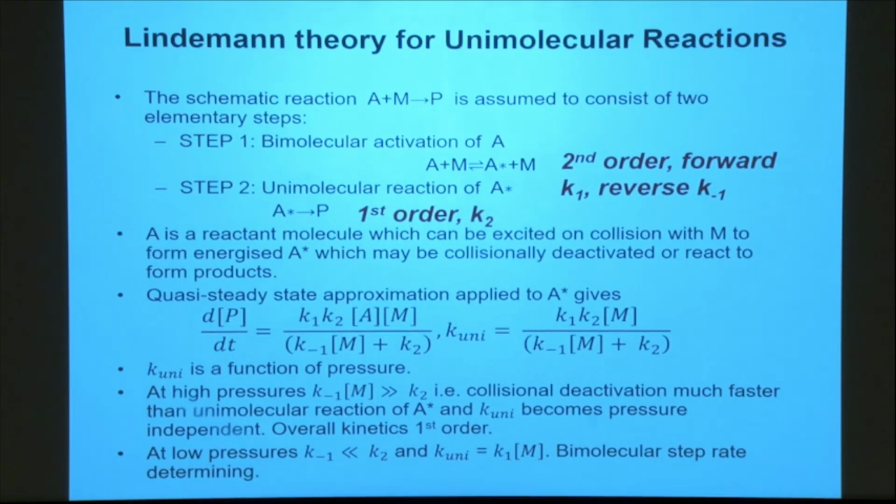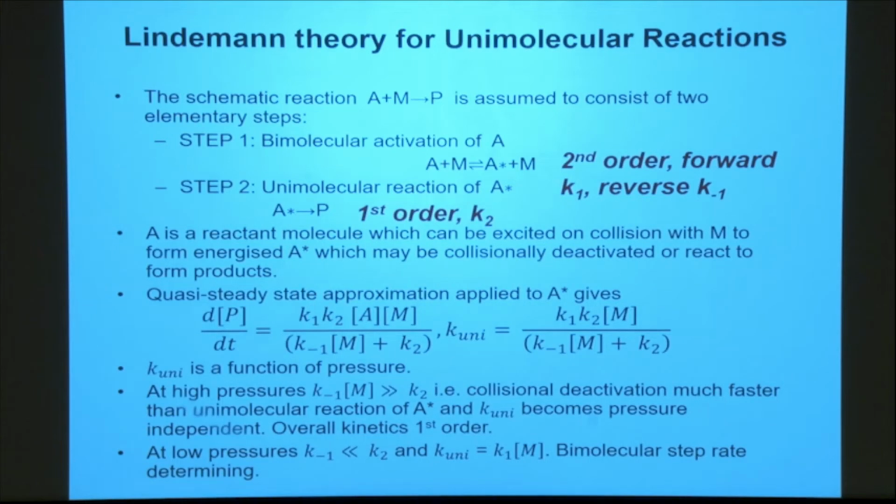And then we've got the second step where we've got the reaction of our activated molecule to products, and this is first order. So we've got in the first reaction, second order reaction k1 and the reverse k-1, and then a first order reaction in the second step, k2.